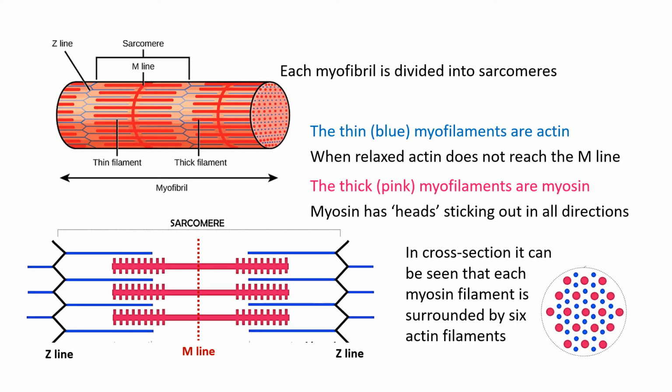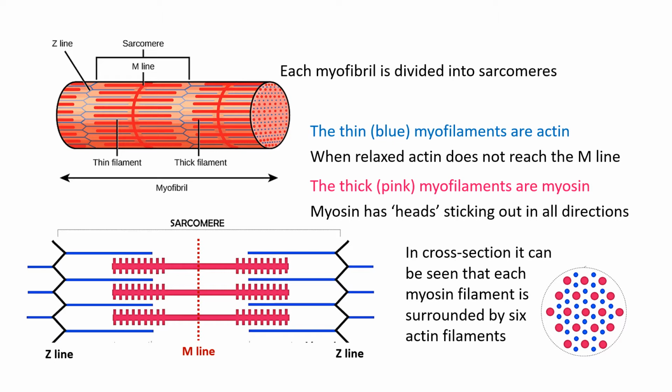If we look at it in cross-section, and we rarely do because if you're trying to explain how this interaction happens, you need to do it in 2D, otherwise it would get very confusing. But remember that if we look at it in cross-section, each myosin filament within the sarcomeres is surrounded by 6 actin filaments, because these myofibrils, remember, are round.